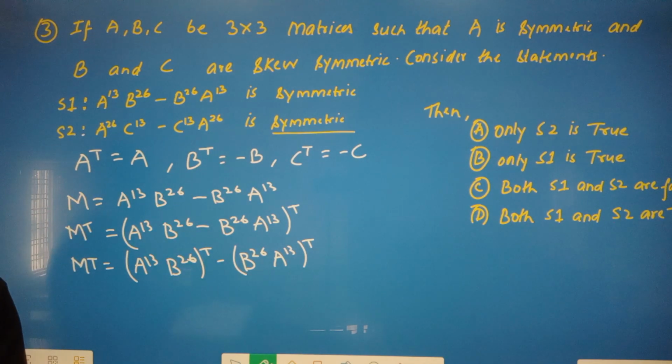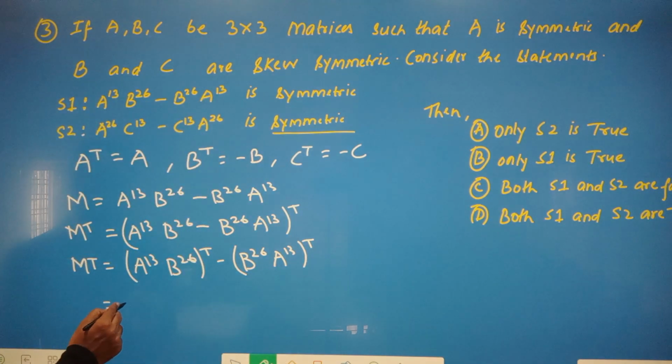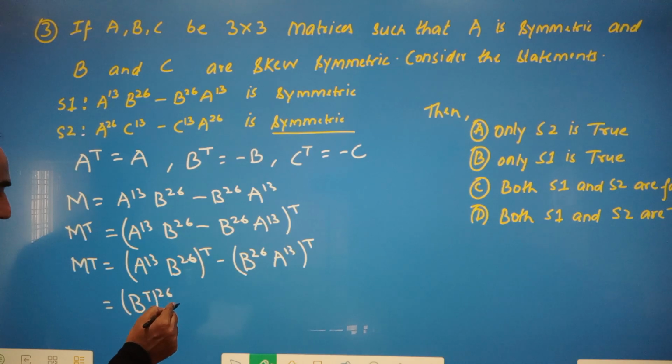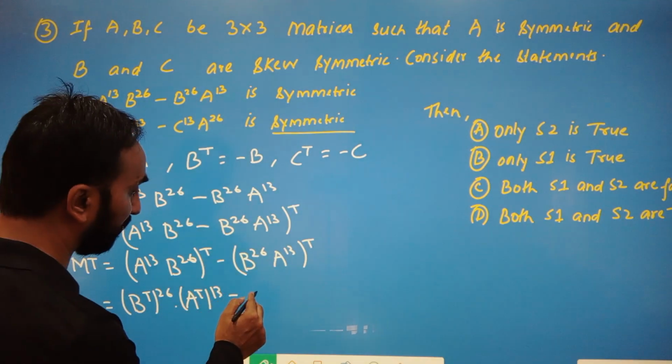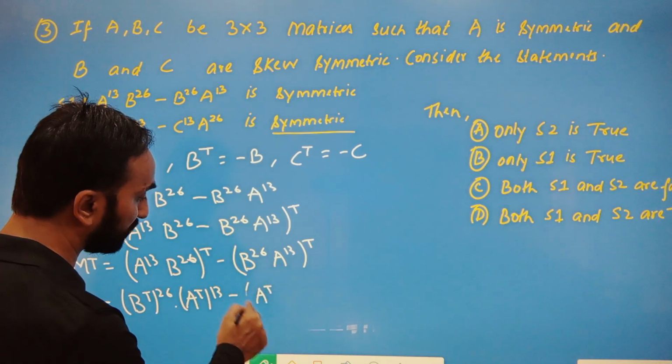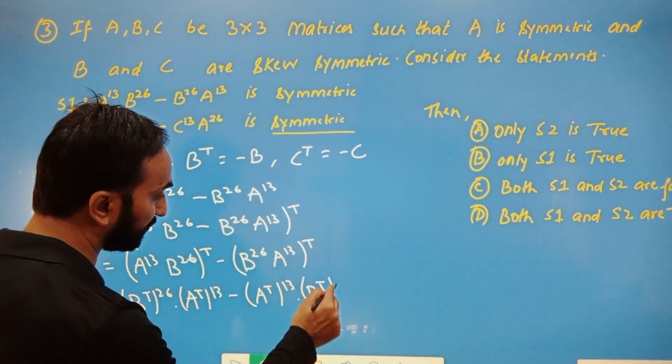Now I can simplify it as B transpose 26 into A transpose 13, and this I can simplify as A transpose 13 and B transpose 26.